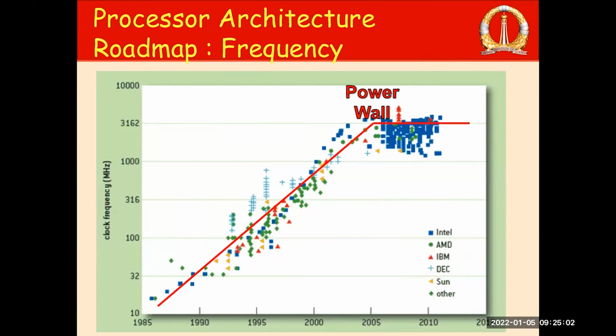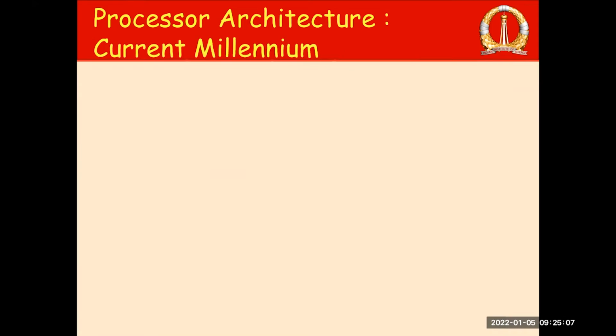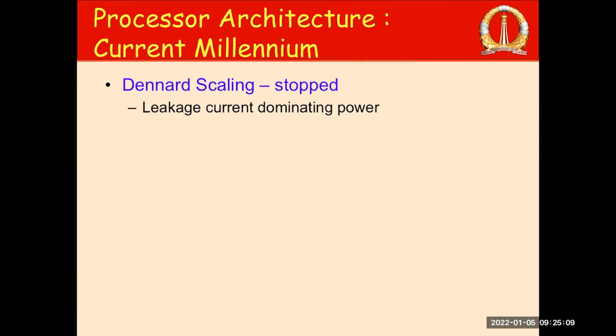The reason for that is because of the increase in power. And why was this power increasing? It is because Dennard scaling has stopped working, right? And this has happened because of the following reasons. Power essentially consists of two components, what is called the dynamic power and the leakage power, right?